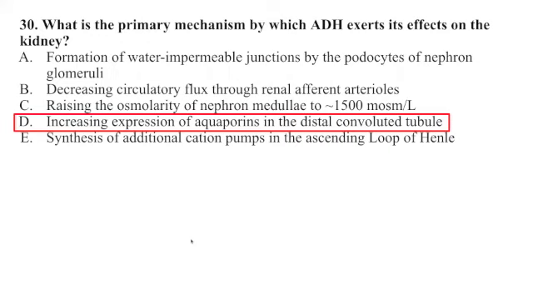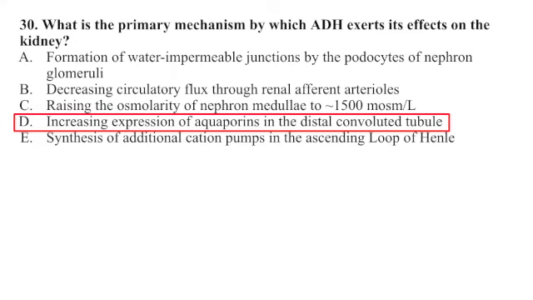30. What is the primary mechanism by which ADH exerts its effects on the kidney? ADH is synthesized in the hypothalamus and stored in the posterior pituitary. It's also a peptide hormone that's produced in the supraoptic and paraventricular nuclei.